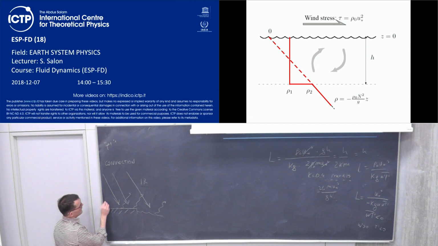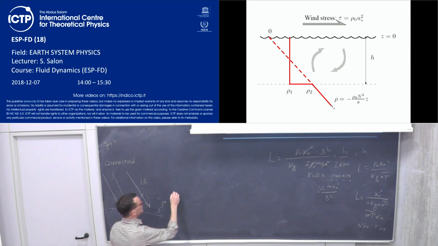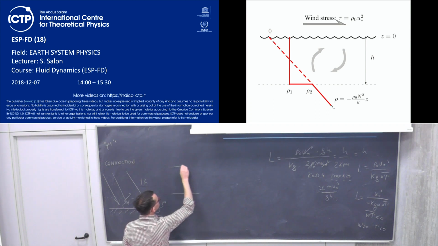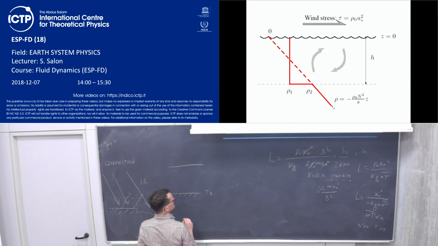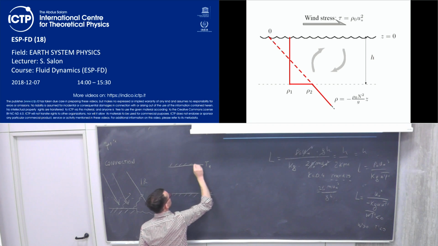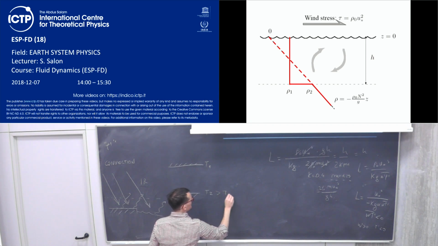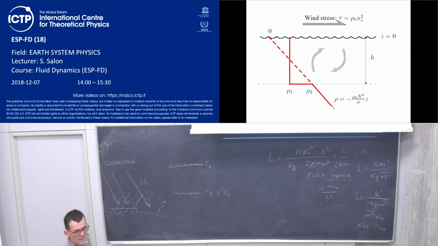So it means that the first layer of the atmosphere is constantly heated from below. So it's like we consider two plates, one at temperature T2, one at temperature T1, where T2 is larger than T1. Okay?